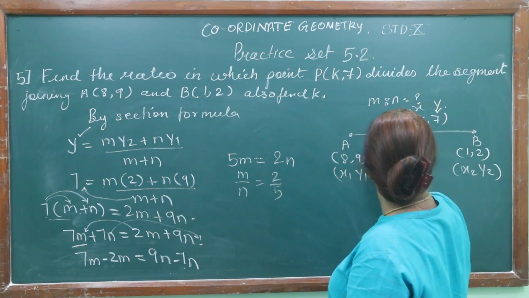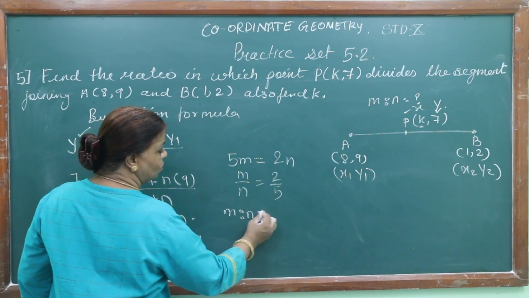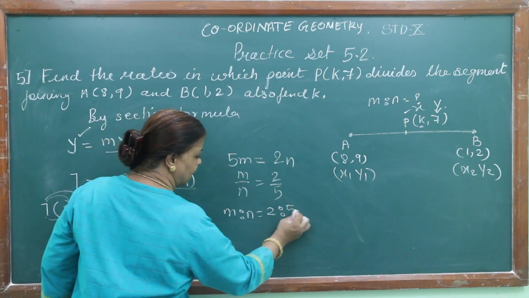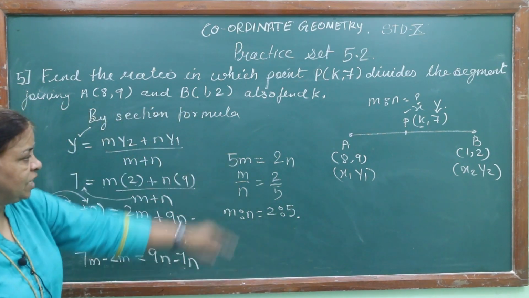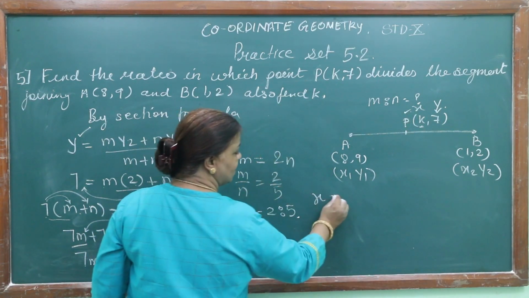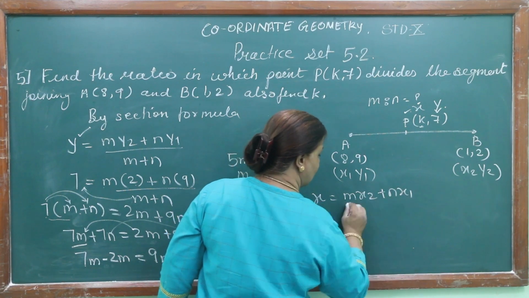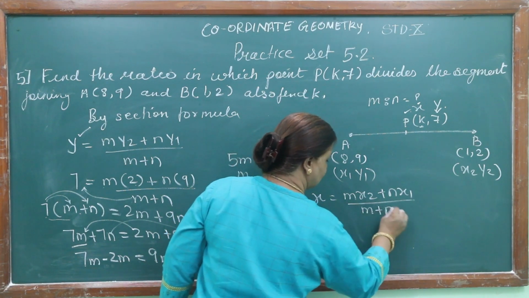So point P is dividing the line AB in the ratio m is to n, we got 2 is to 5. Now we need to find K, and K comes here as the x coordinate, so we will use x is equal to m x2 plus n x1 upon m plus n.